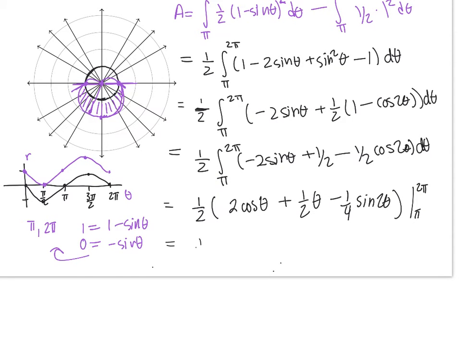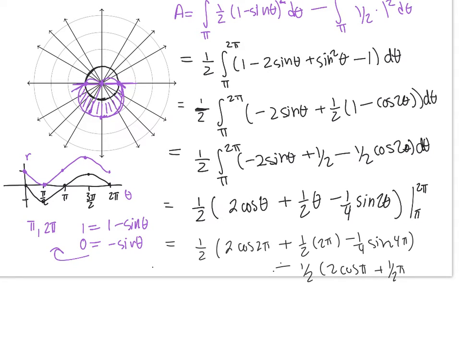So we'll have 1/2 times 2 cosine 2 pi plus 1/2 times 2 pi minus 1/4 sine of 4 pi, minus 1/2 times 2 cosine pi plus 1/2 pi minus 1/4 sine of 2 pi.